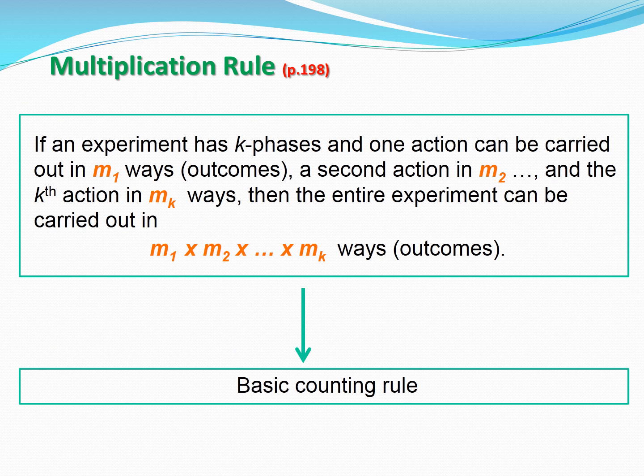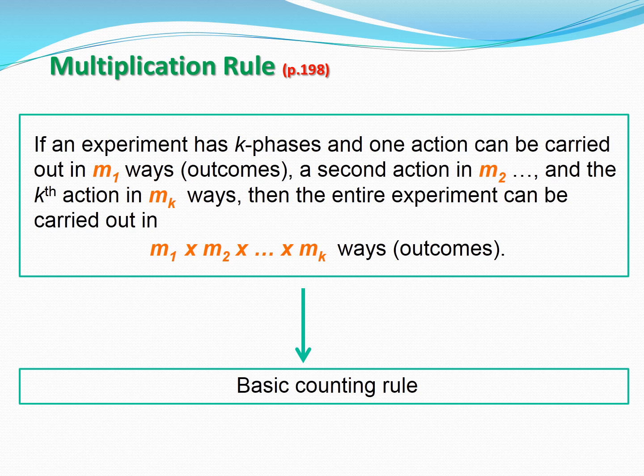The multiplication rule is also known as the basic counting rule, and it's applicable to multi-stage experiments. So let's say you have different actions, and each of these actions can be carried out in a certain number of ways. So you will have a certain number of outcomes for each action.